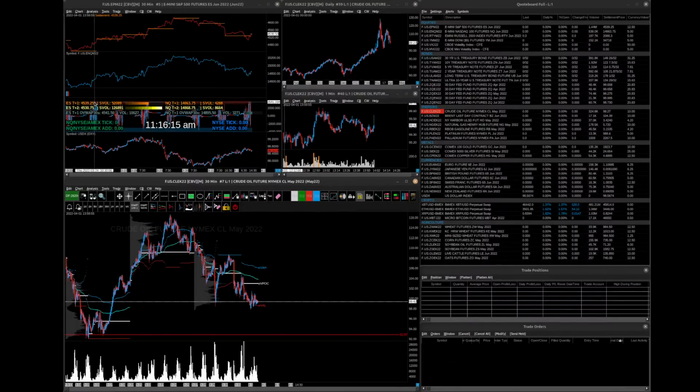I should have considered that because I got a little long into the close looking for 50, and we just never got it. So I ended up taking off. It was still a winner, but I should have considered all the volume that has transacted at these settlements the last few days.